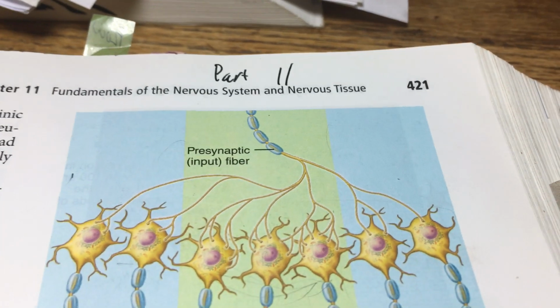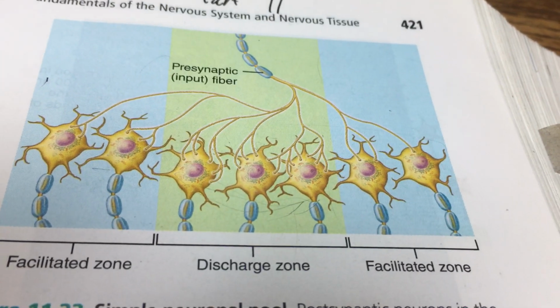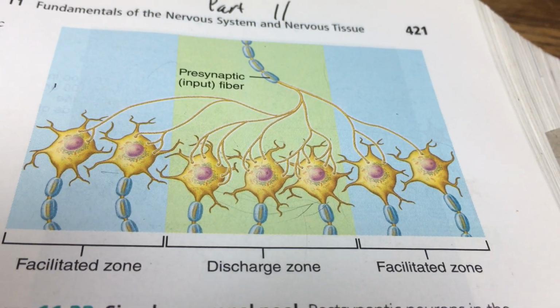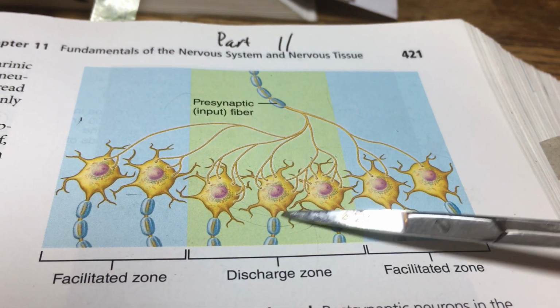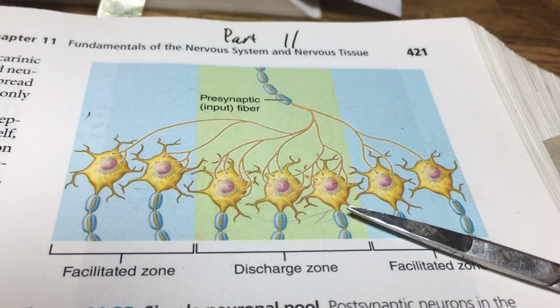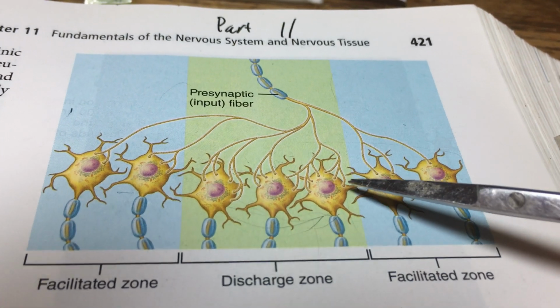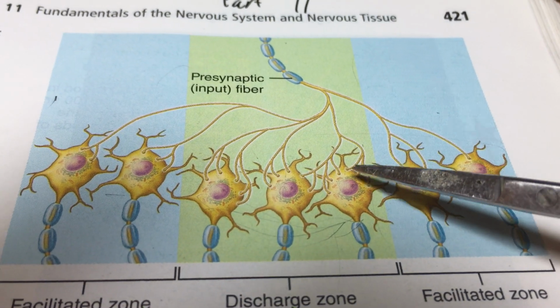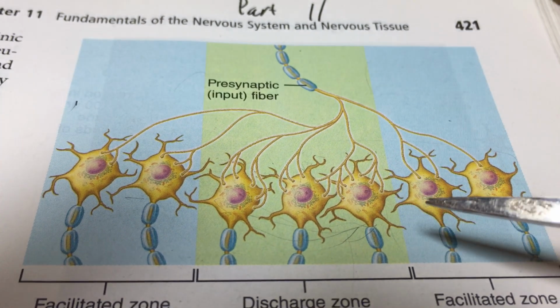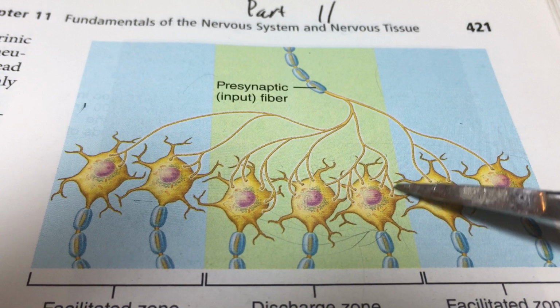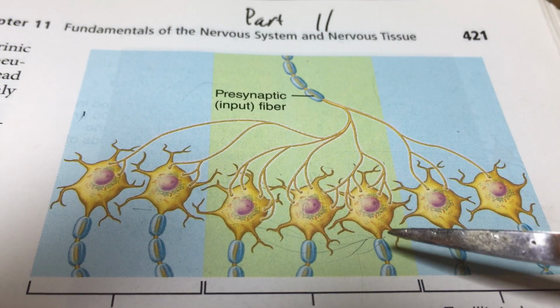Here we have a single neuron reaching down with a multiplicity of branching axon terminals. Notice that in some cases we're actually going to be creating synapses of 1, 2, maybe 3, 4, 5 on one neuron over here.